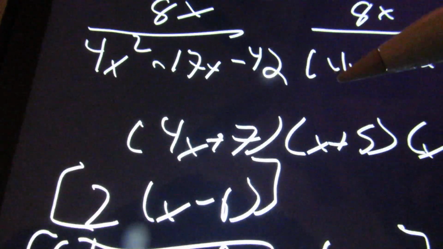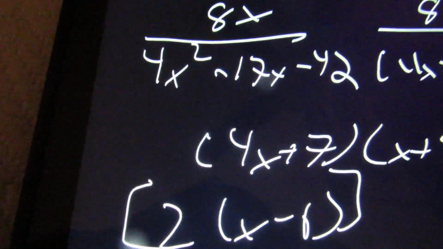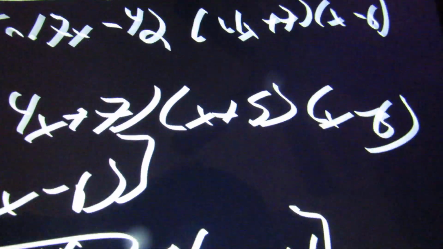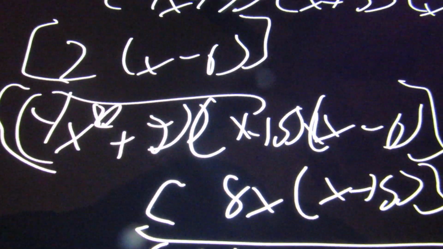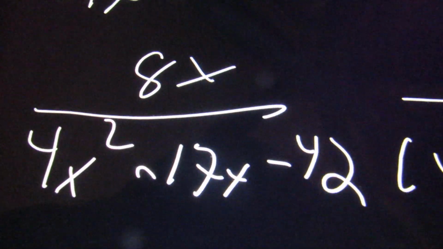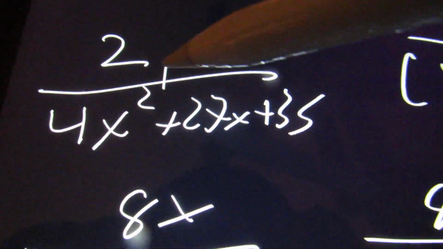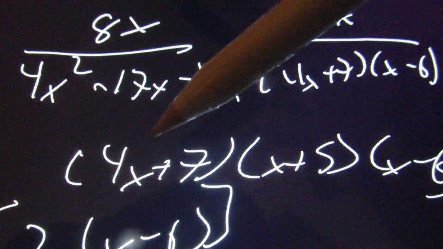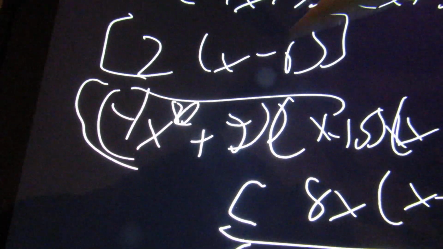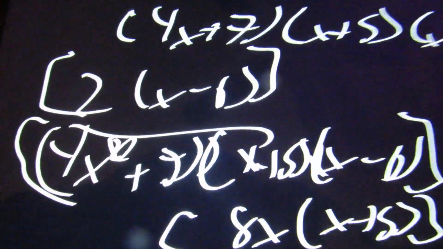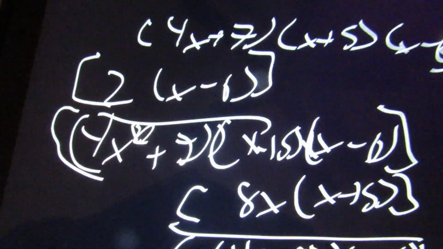So all you have to do, you do have to factor these and see which of these three is missing, and then just stick it on the top and the bottom. For this one, you look at it and you see which of these three is missing, and you stick it on the top and bottom. And that's all these questions are asking.